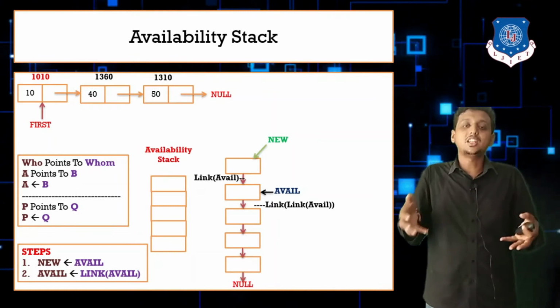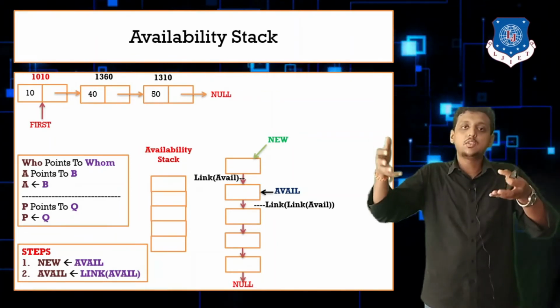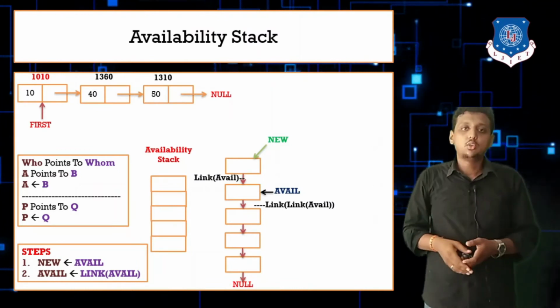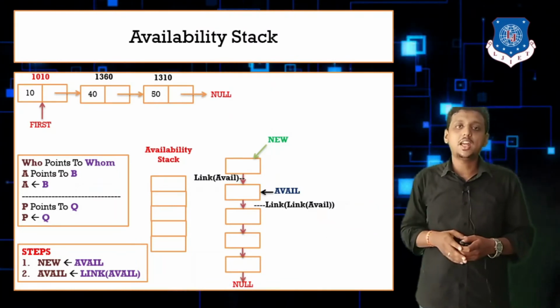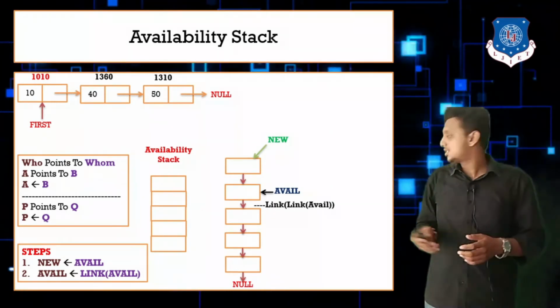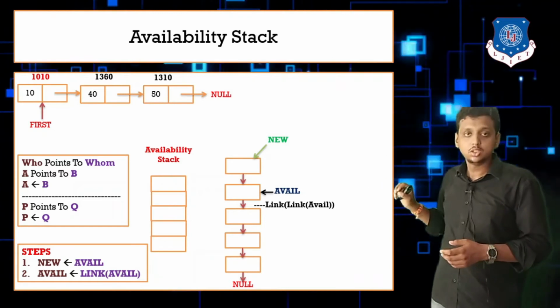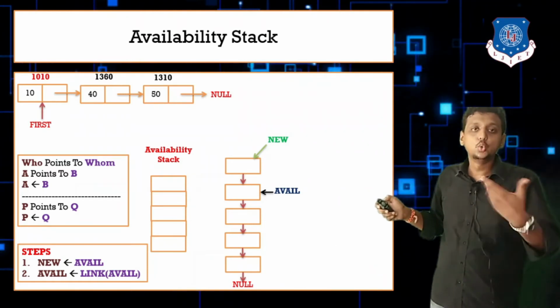When you are inserting something in the linked list, you have to take a node from memory every time. So when you want to remove the topmost node, then you have to write avail arrow link of avail. Fine. Now this is after removing the avail from the topmost to below. Okay, this will be our new terminologies.